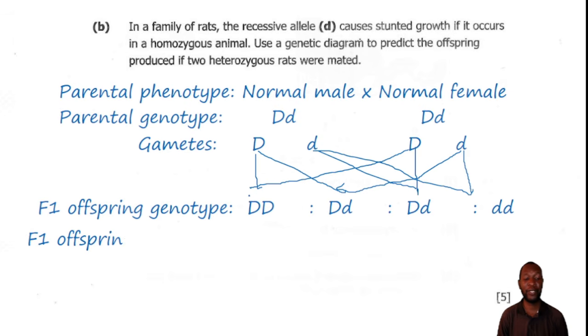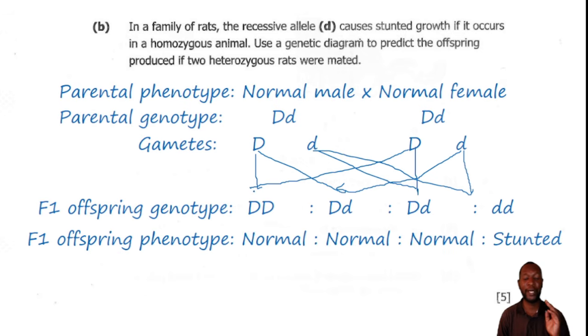So F1 phenotype, we are going to have normal, normal, normal, and the stunted. So this is how you write a genetic diagram to show how two heterozygous rats will have offspring which are formed. So they are going to have 3 normal to 1 stunted. So the ratio is 3 to 1. So this was the solution to question number B5.